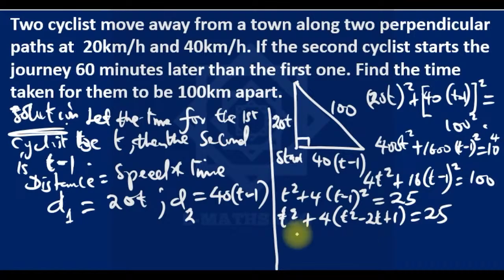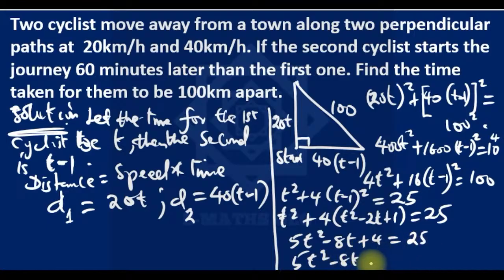T squared plus 4t squared is 5t squared, minus that 4 times minus 2t is minus 8t. This times that is plus 4 equal to 25. So we have 5t squared minus 8t, and 4 minus 25 is minus 21 equal to 0.